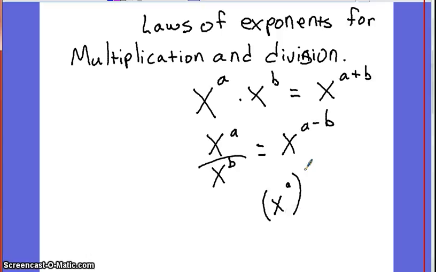X to the a power, in parentheses, and then raised to another power, in this case b, yields x to the a times b. So we're going to multiply the two. And I'll give you a chance to practice this in a minute. Okay, so those are the three rules. Three simple rules.